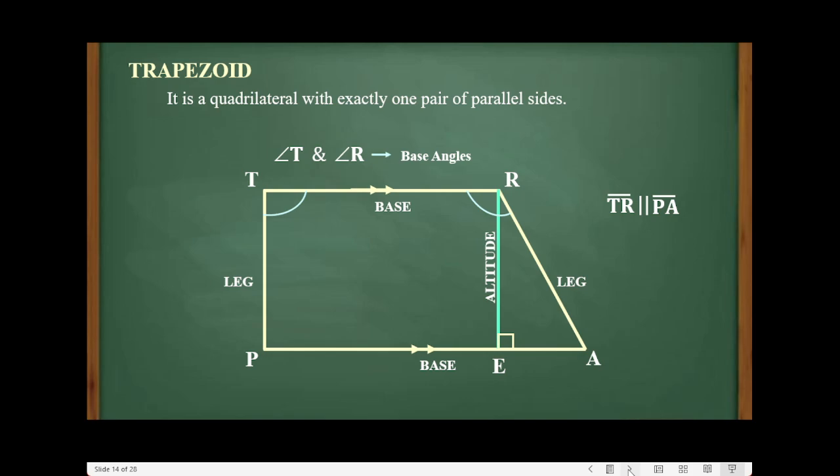So it follows that angle P together with angle A are also base angles because these two angles are on the opposite ends of another base, which is the lower base. So angle P together with angle A is another pair of base angles.